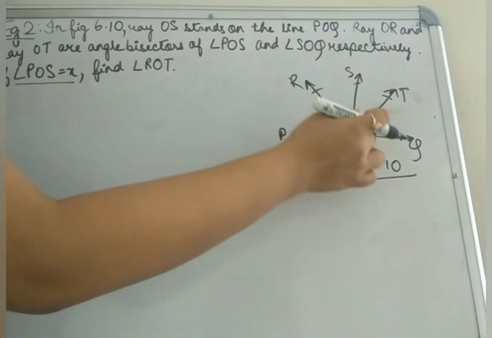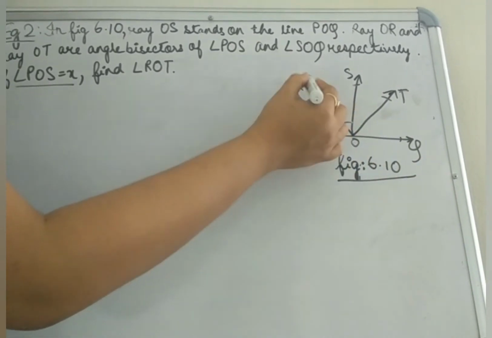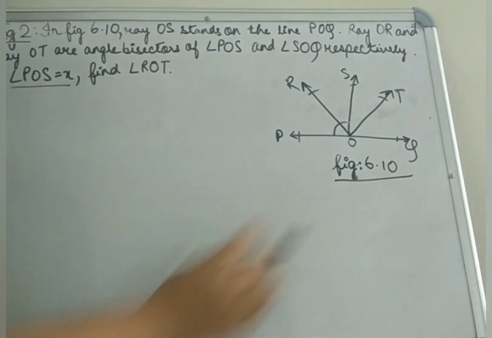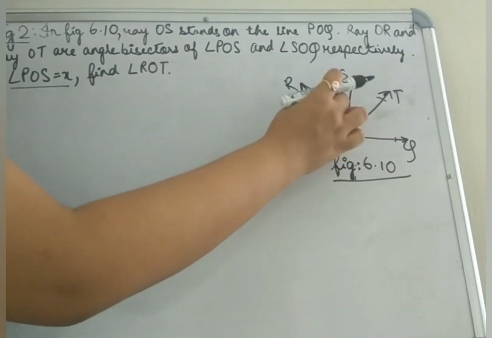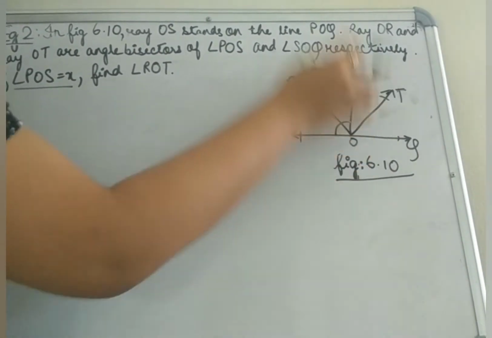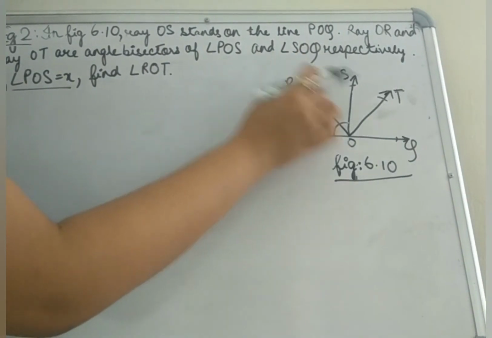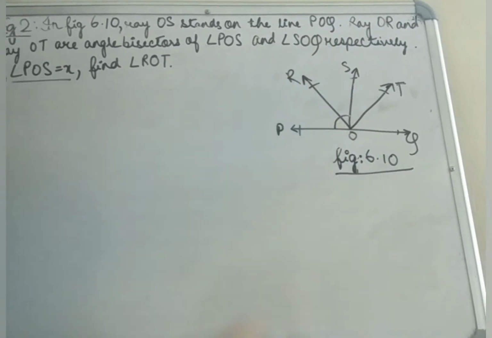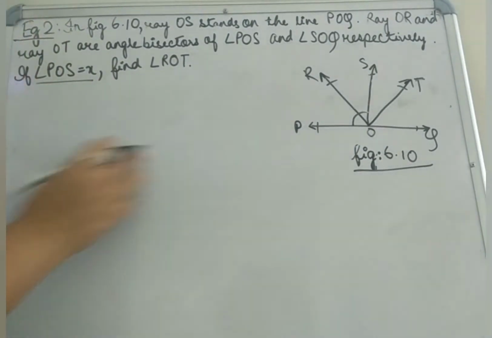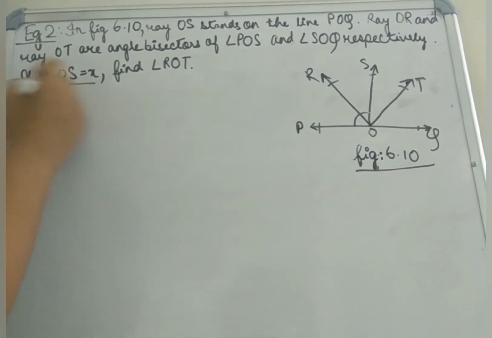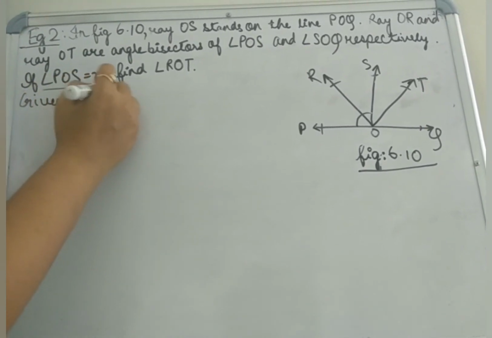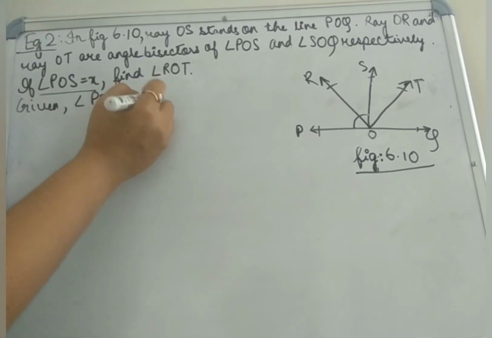So if we have to find angle ROS, it will be half of angle POS, and angle ROP will also be half of angle POS. It is given that angle POS is equal to X.